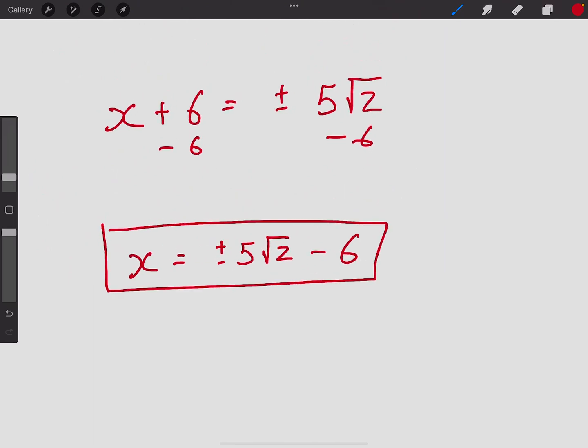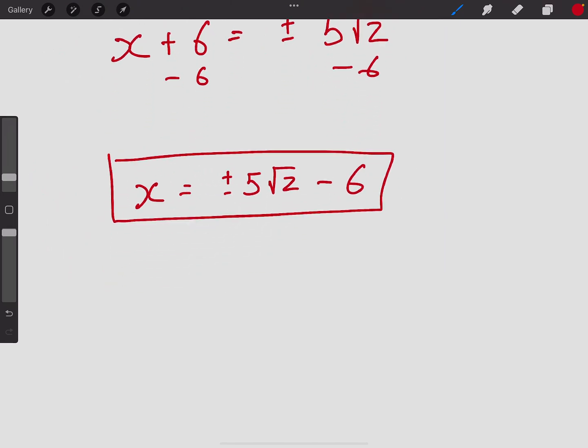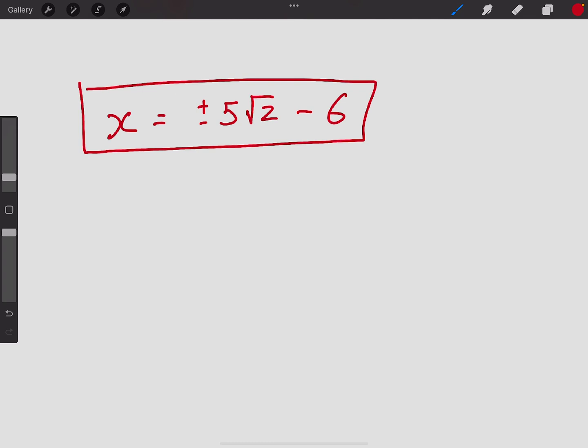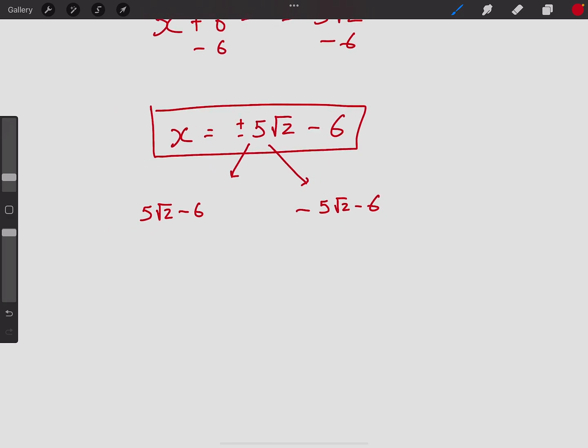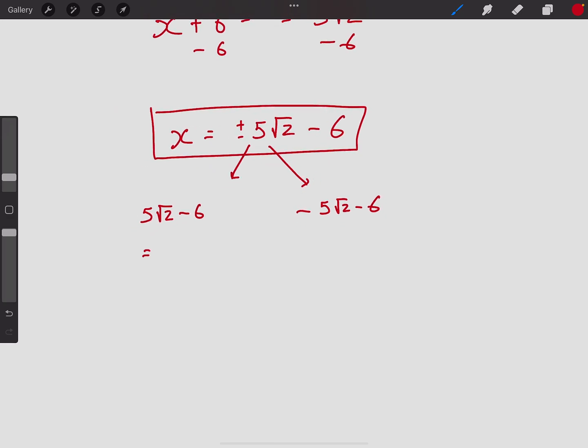Sorry about my voice, it's a bit crackling today and a bit nasal. So anyway, even though this is one line, you actually have two solutions here. Your first solution is a positive 5 root 2 minus 6, and your second solution is minus 5 root 2 minus 6. If you put it into the calculator, you'll get some sort of irrational number, some decimal.